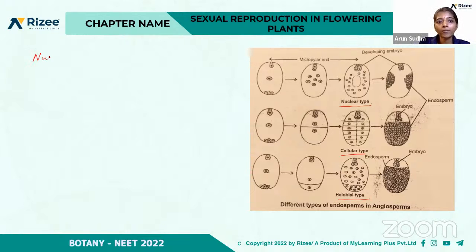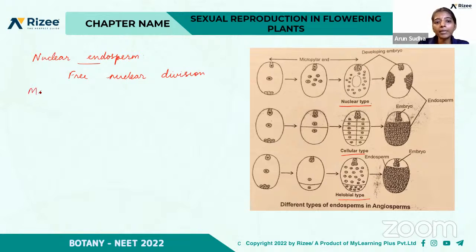So in nuclear endosperm, here it is a free nuclear division. So this is the micropylar end, and here the first free nuclear division happens. That is, only the nucleus divides. So first it is a free nuclear division. So how will it be?